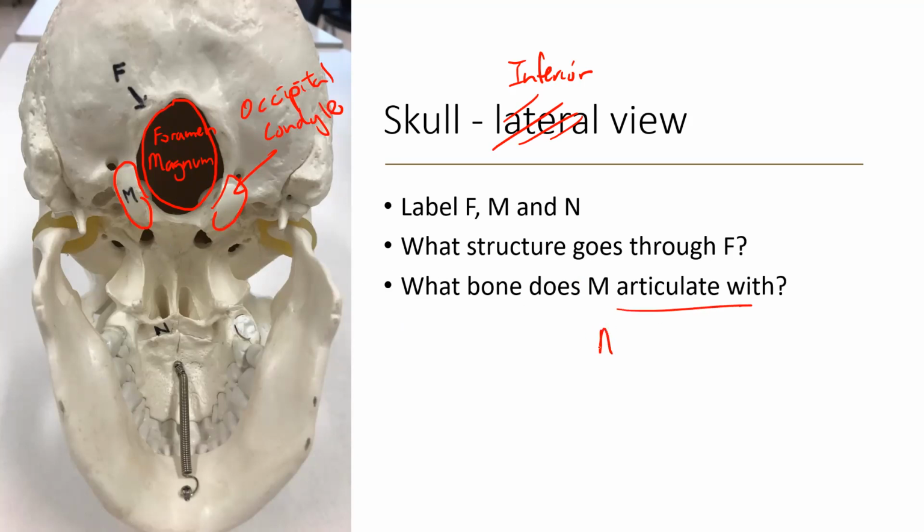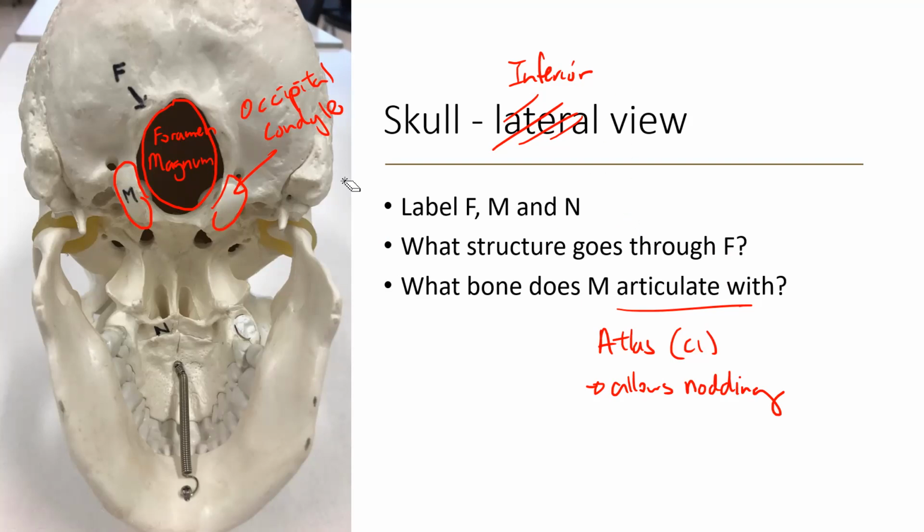It articulates with the atlas. Okay, C1. Allows nodding of the head. So if you're nodding your head, these condyles are moving back and forth in the grooves of C1.